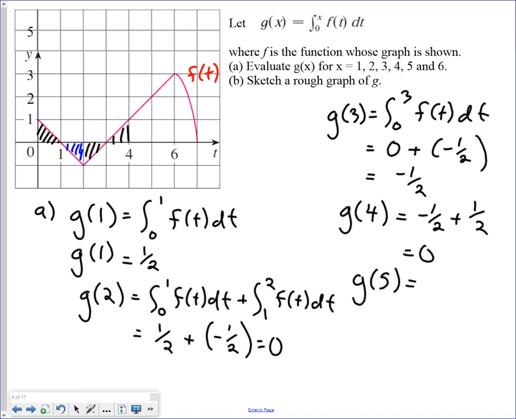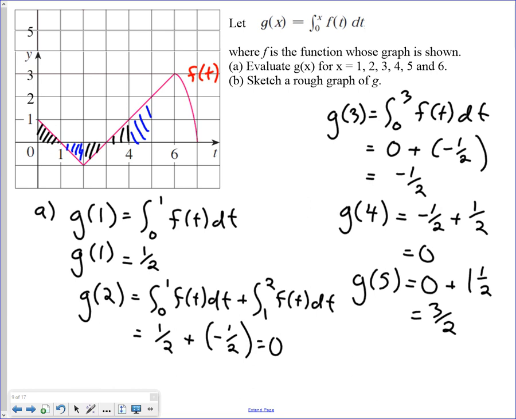g at 5 is going to be that 0, the integral from 0 to 4 of f at t, plus the area that we accumulate going from 4 to 5. So we're adding in this region here. That's got an area of 1 full square plus a 1/2 square, so we'll write that as 3 over 2.